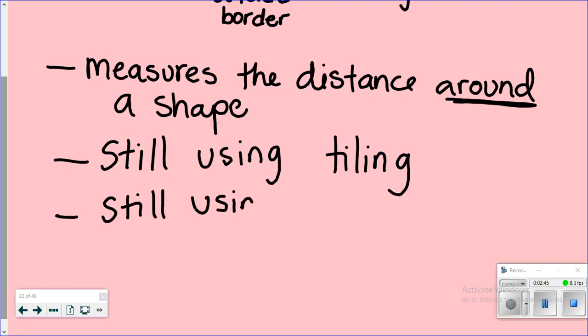In order to find the perimeter, we need to know what is the length, what is the width. Just like area, we still need to know those tiles and those dimensions.